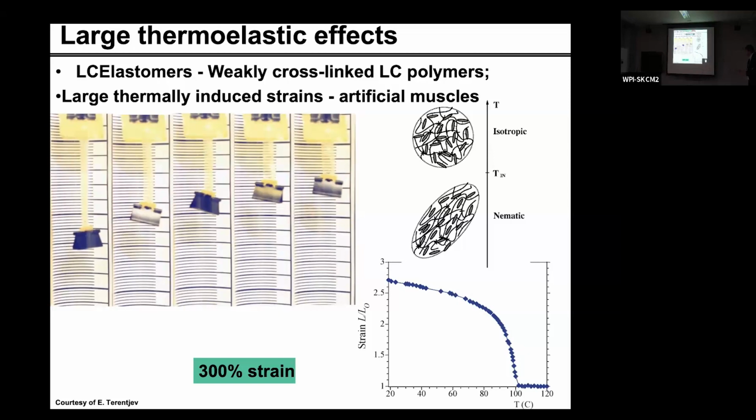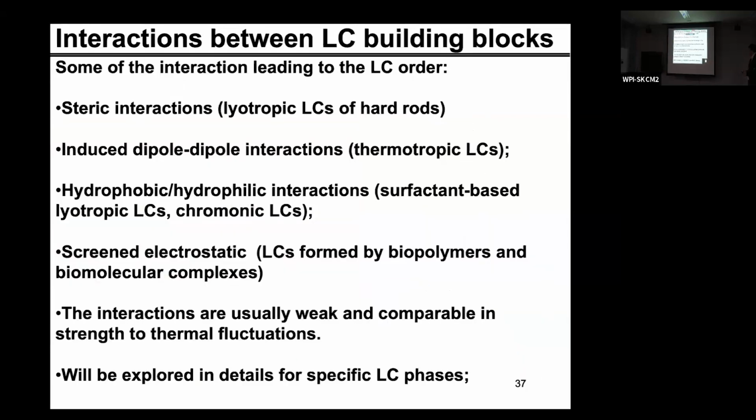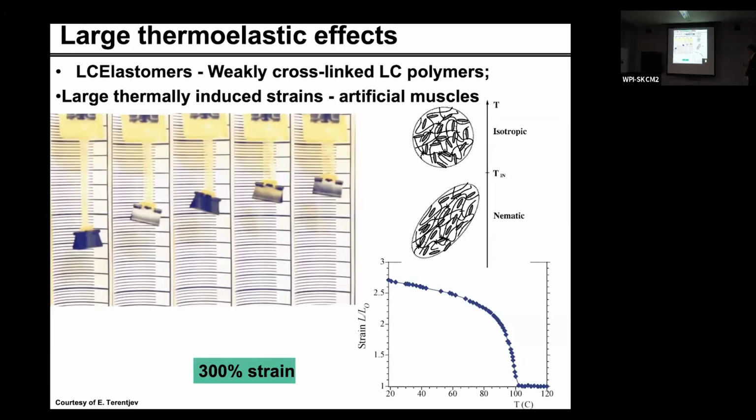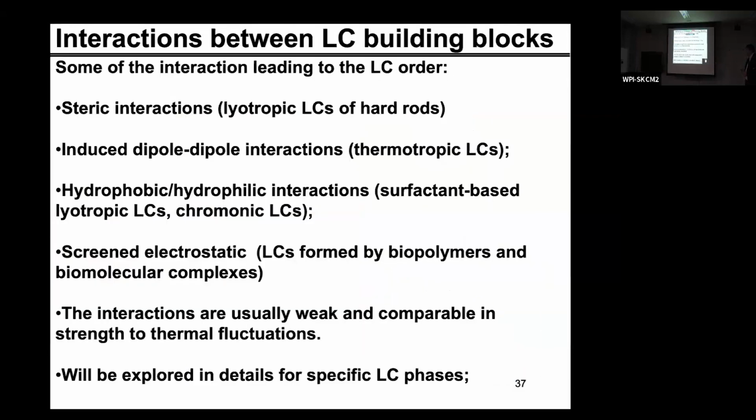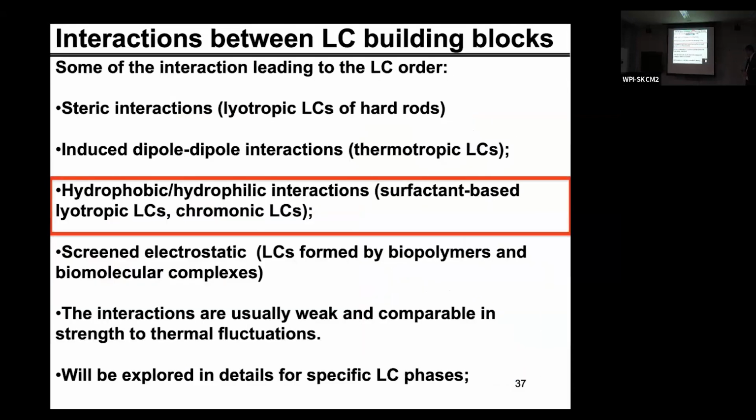And with that effect, you can achieve 300% strain as an example. And moreover, you can also switch the director, and with that, you can actuate these materials. So light, electric fields, magnetic fields can be the external stimuli that allow you to produce these mechanical actuations.